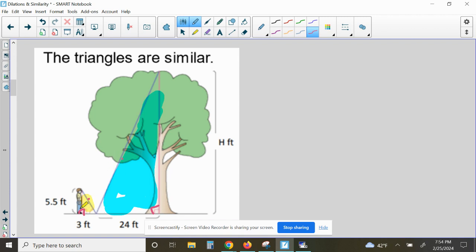We can also see on this yellow triangle, let's do yellow triangle over blue triangle. Remember, I always like to put a little note, yellow over blue. Okay, we only have information about two of the sides. We have this H, we have this, and we have this and this, and we don't have anything about the hypotenuses.